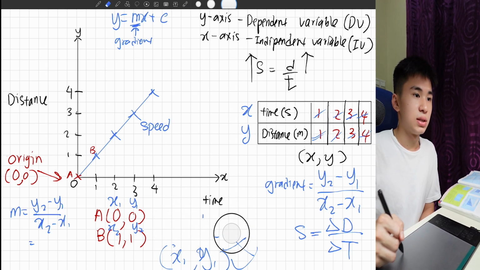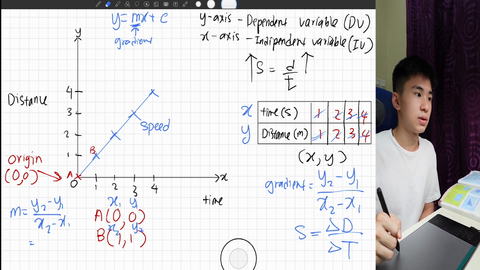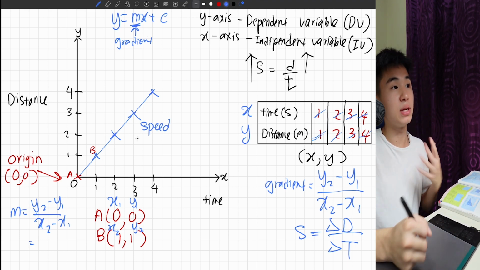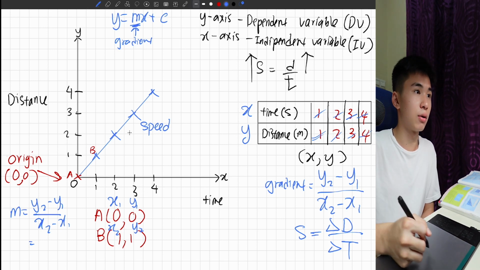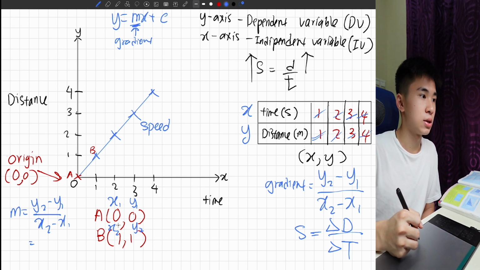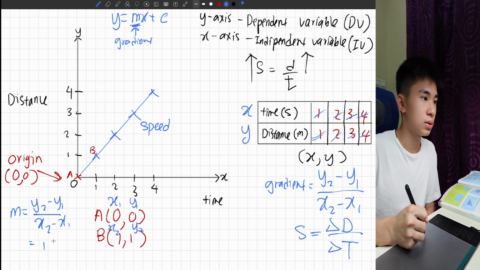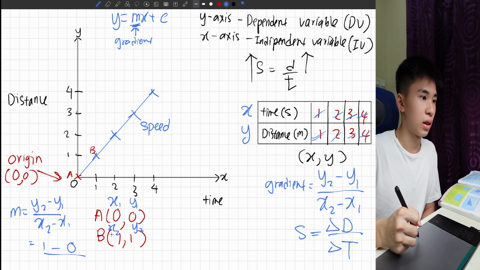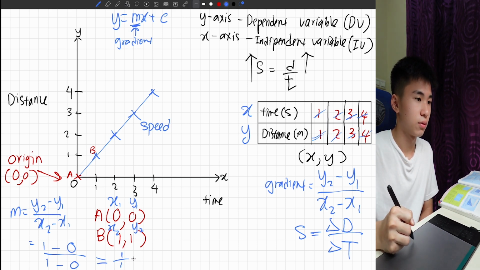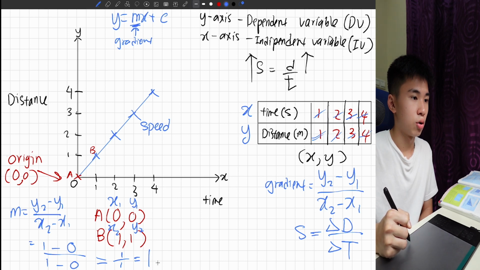Let me erase this first. This whole graph, the speed is going to be the same, which means the gradient for this whole straight line graph is going to be the same. So y2 is 1, minus y1, which is 0. Then our x2 is 1, and our x1 is 0. So 1 minus 0 is 1, so the gradient is equal to 1, so 1 m/s.